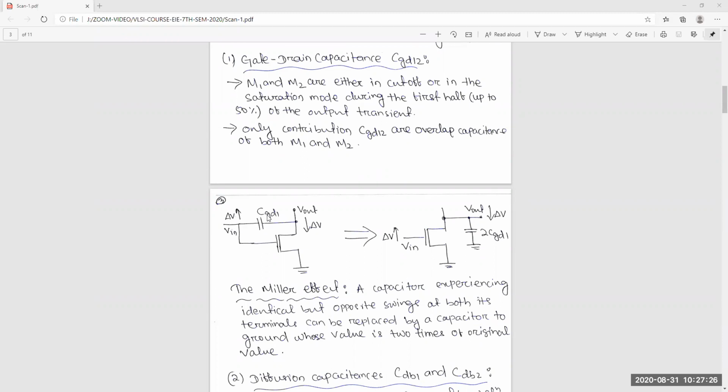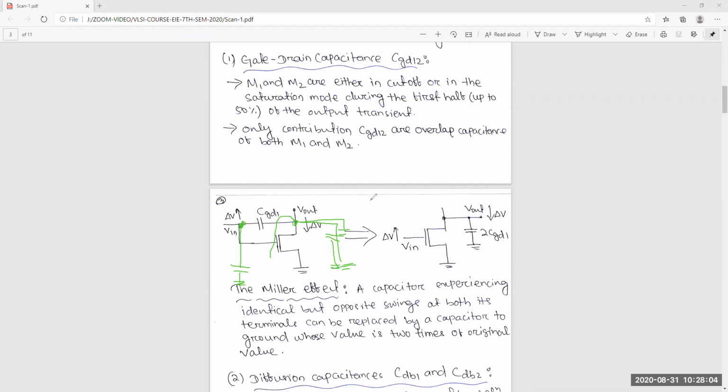For the Miller effect, you can split this capacitance to two sides, one here and another here. It depends upon the gain of this circuit. This is input, this is output. What is the gain of this circuit?